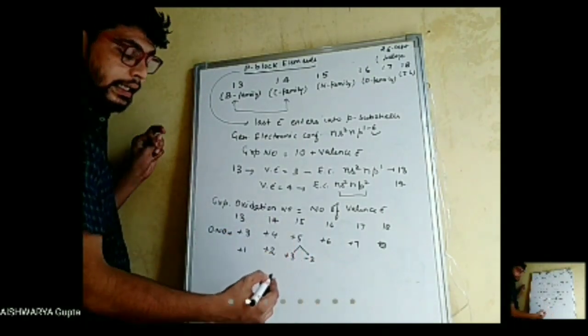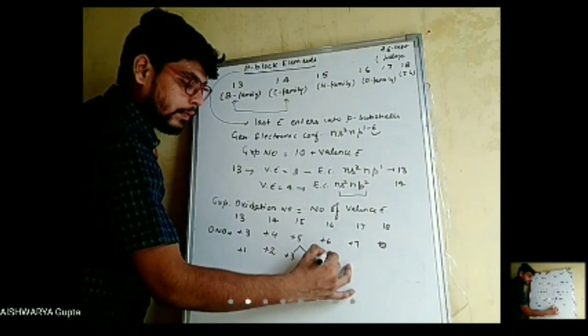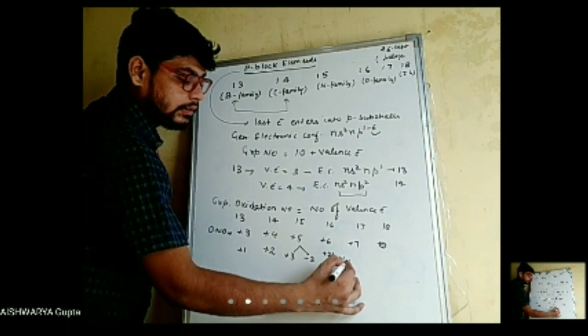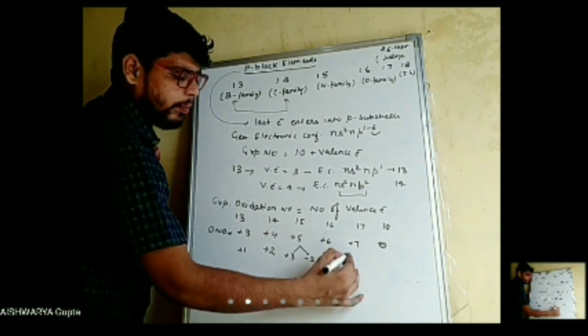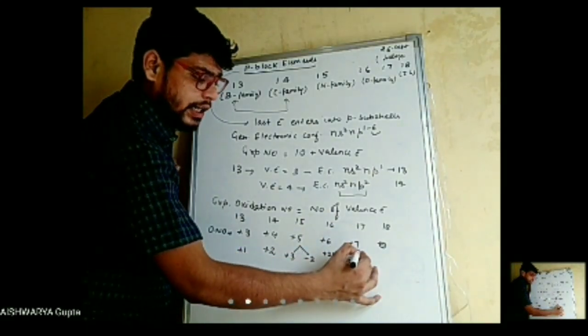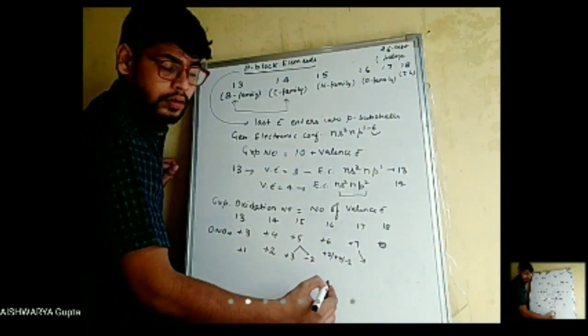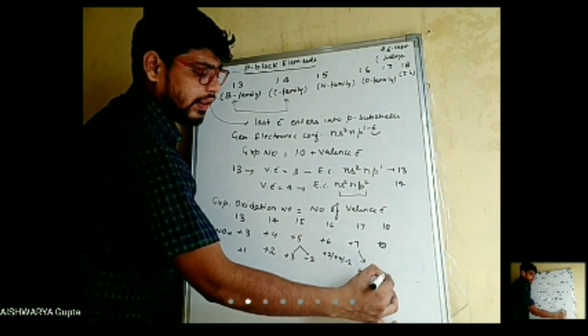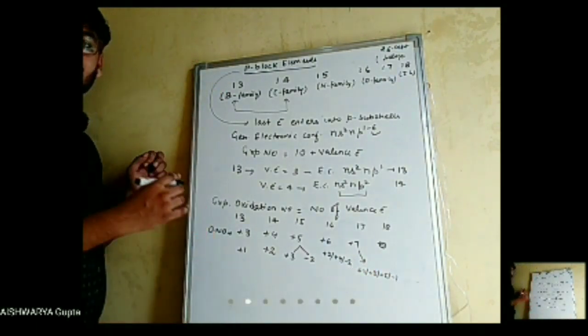Group 16 will show plus 2, plus 4, plus 6, and also minus 2. Group 17 shows plus 1, plus 3, plus 5 as well as minus 1.